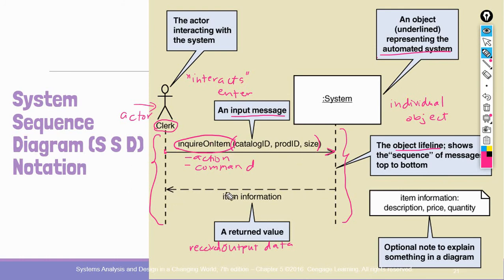The return value has a slightly different format and meaning. So notice that the line with an arrow is dashed. A dashed arrow indicates a response or an answer, or in programming, we call that a return.